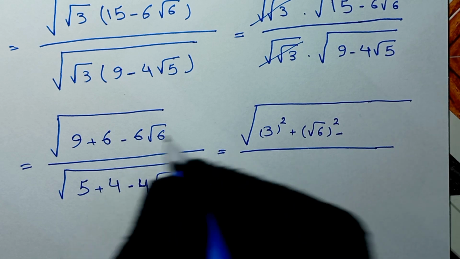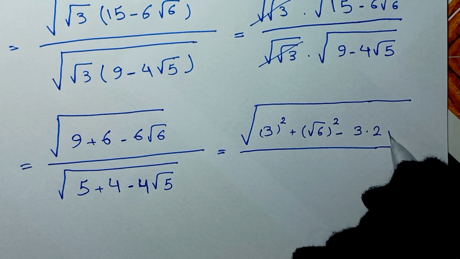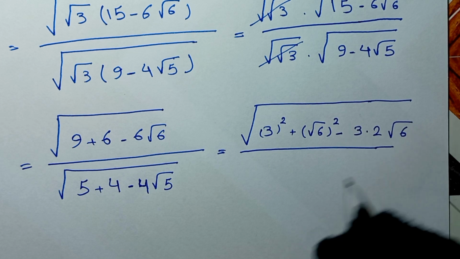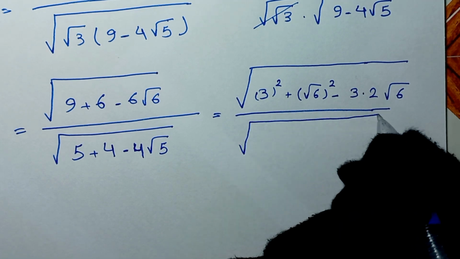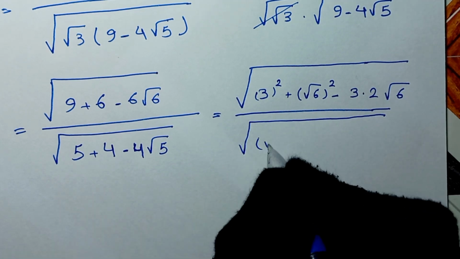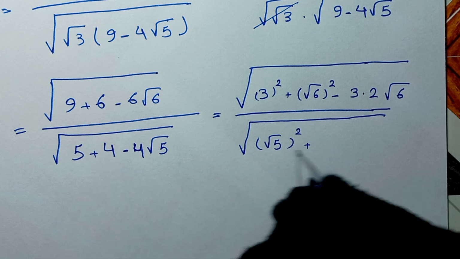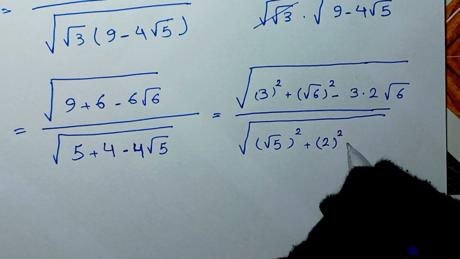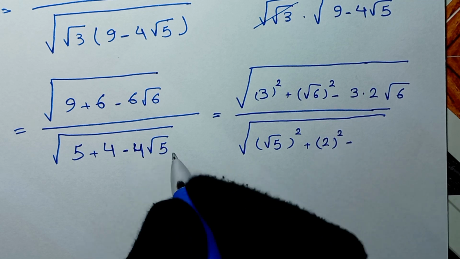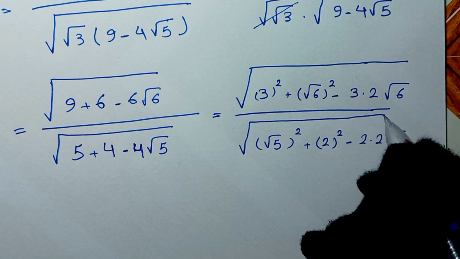We can write 6 as 3 times 2 and times square root of 6, right? And for denominator, we can write this 5 as square root of 5 to power of 2, and plus, in here we have 4, we can write 2 to power of 2, and minus 4 square root of 5. We can write this as 2 times 2 square root of 5, right?